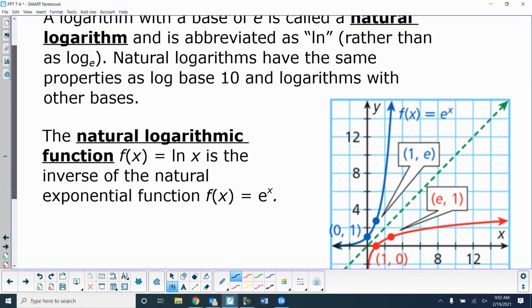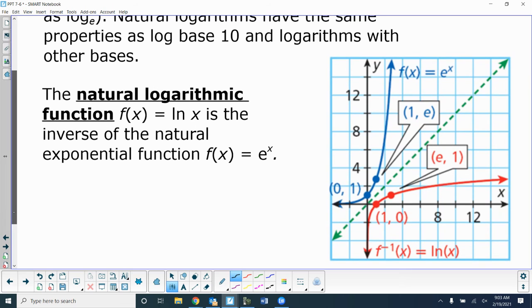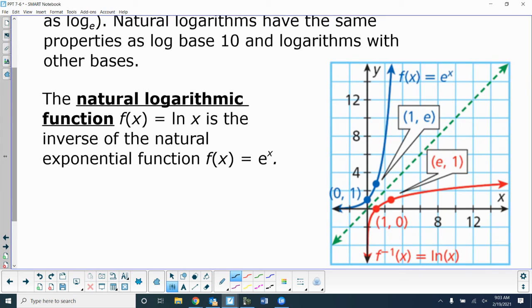The natural logarithmic function is the inverse of e to the x. Here's your blue one, the e to the x graph, and this red one is your natural log. They're inverses of each other, and they're always symmetric about the line y equals x. Again, I'm not worried about you graphing them.